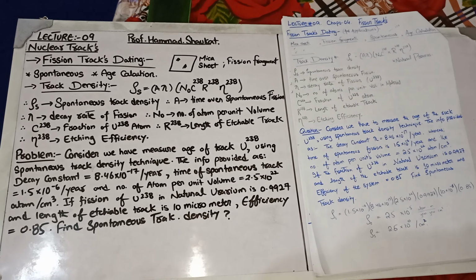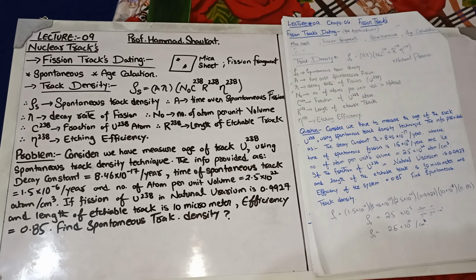The length of the etchable track is 10 micrometers, so the value of R238 in our problem is 10 into 10 raised to the minus 6 meters. Understood? And the final thing, the efficiency, is also given: this eta238, the efficiency, has a value of 0.85 in our problem.